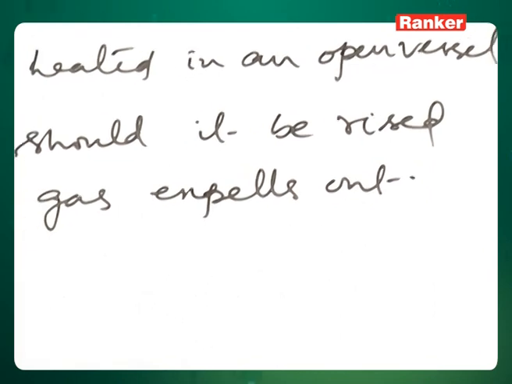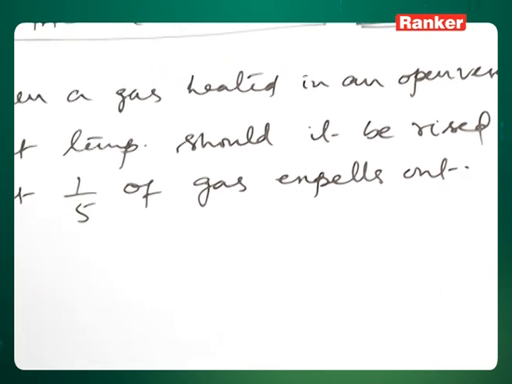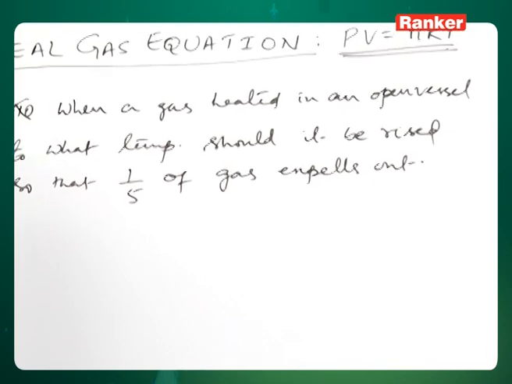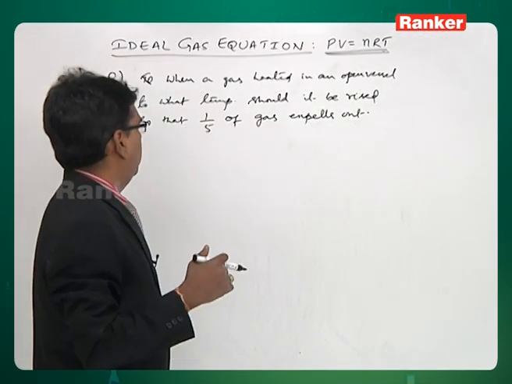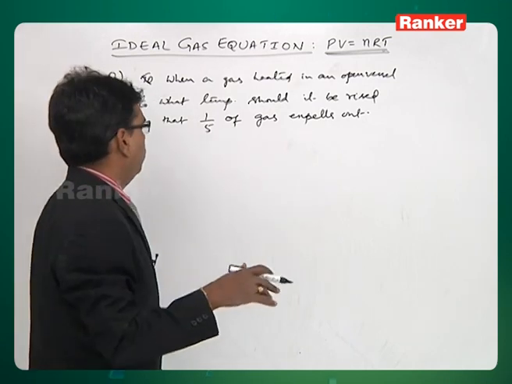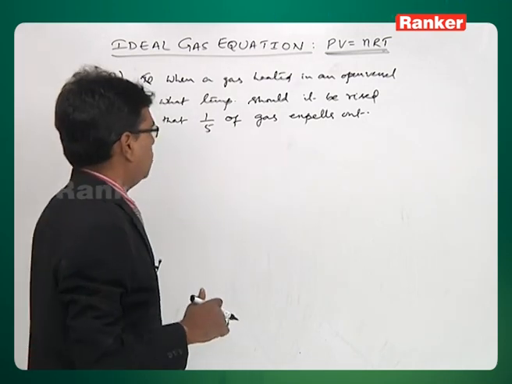This is one simple question, but sometimes the students get confused. When a gas is heated in an open vessel, to what temperature should it be heated so that 1/5 of the gas is expelled out?